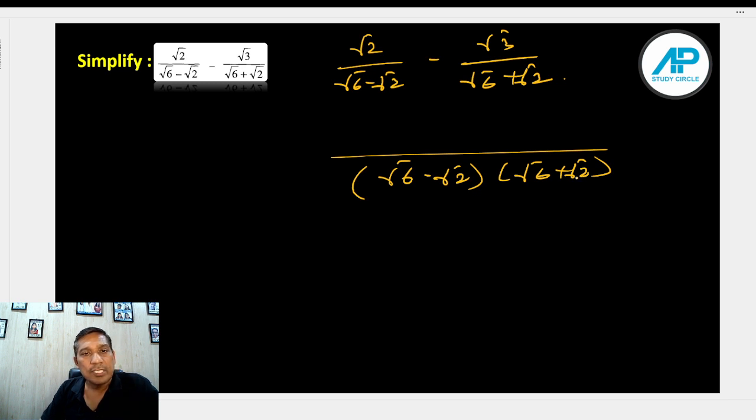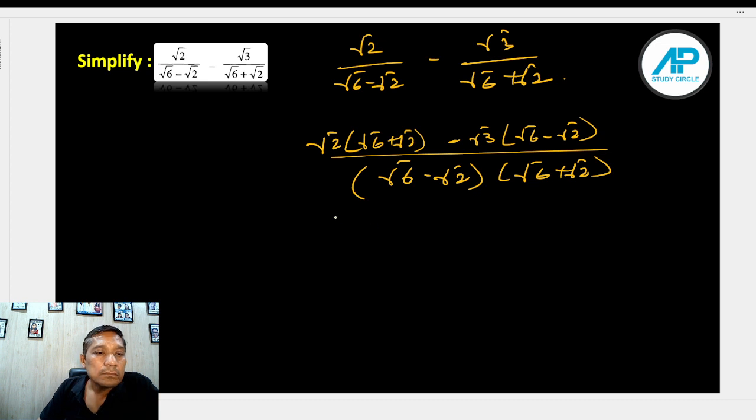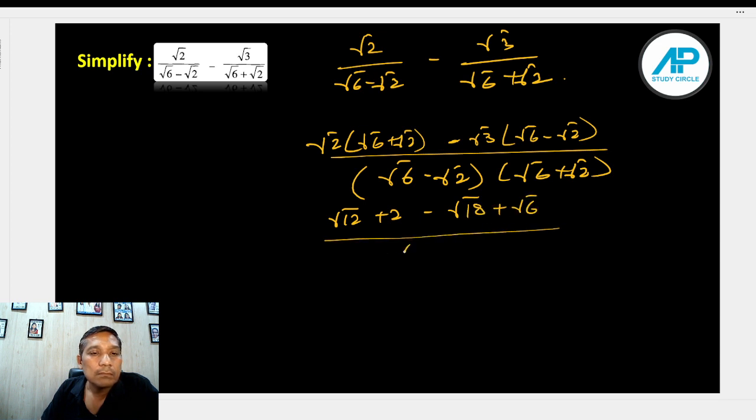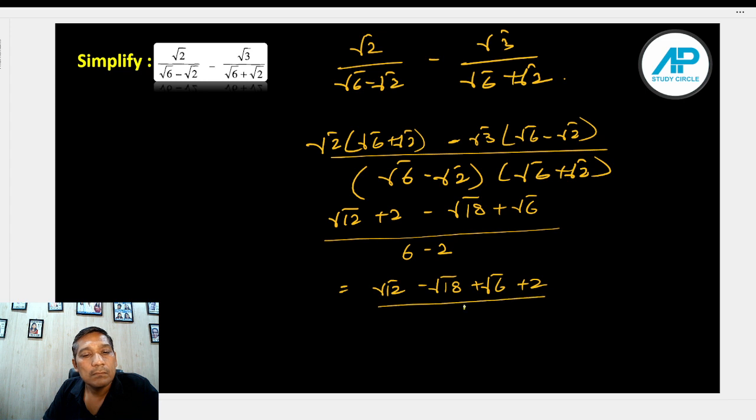Root 6 minus root 2 into root 6 plus root 2, take the LCM directly. Root 2 into... Now I cannot do anything else because we don't have any option to cancel anything.